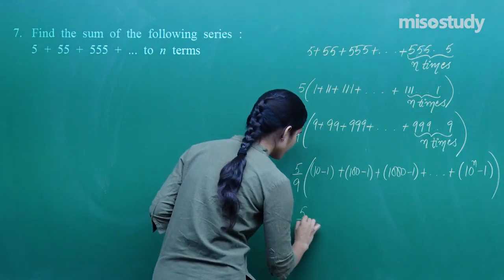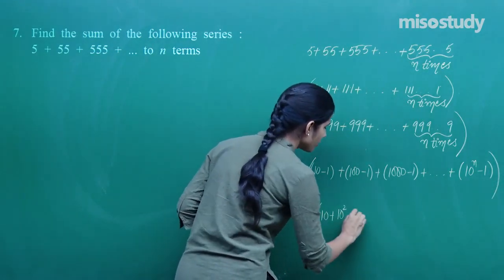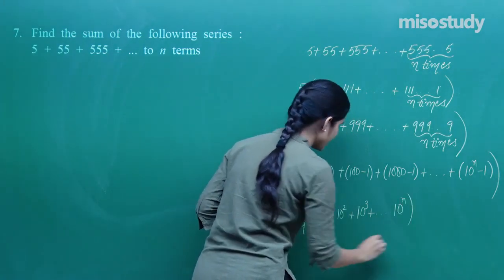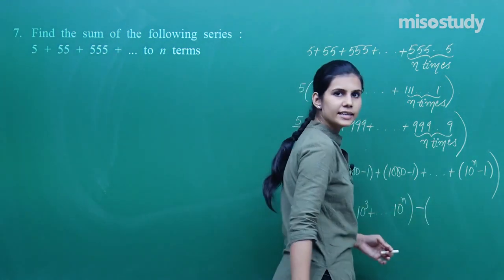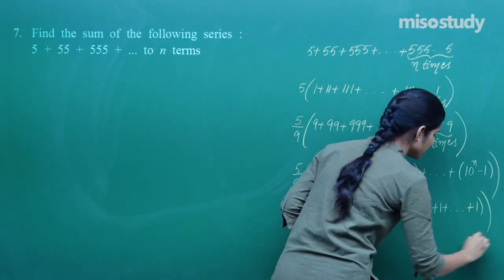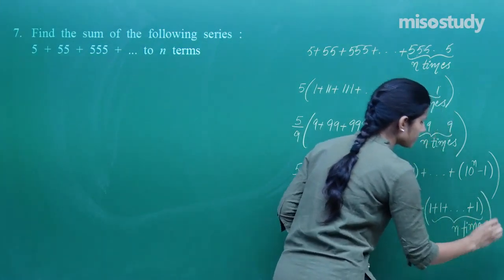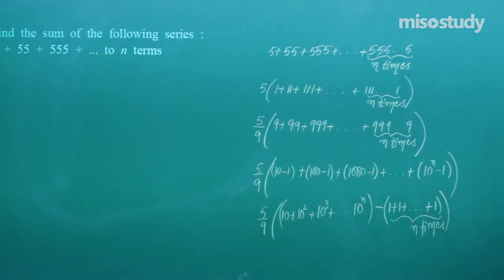Now what you do, you club the like terms. 10 plus 10 square, 100 is 10 square, 1000 is 10 cube, up to 10 to the power n, minus 1, 1, 1, 1 being added n times. 1 added n times obviously gives you n as the answer, right?